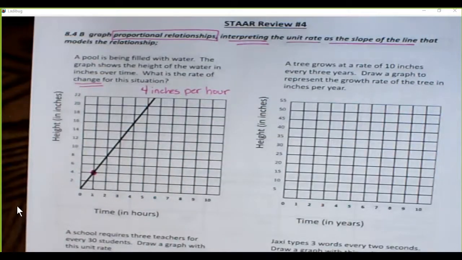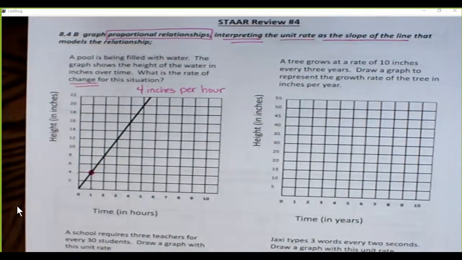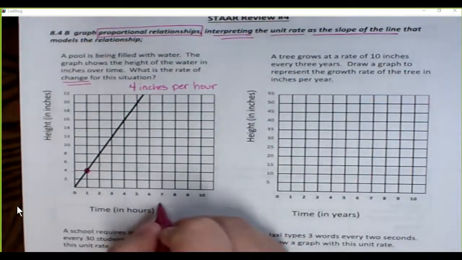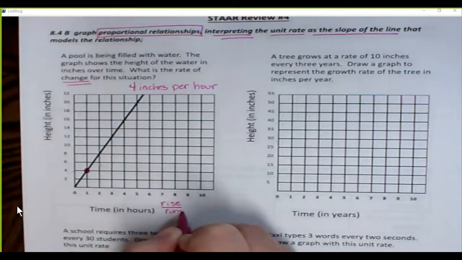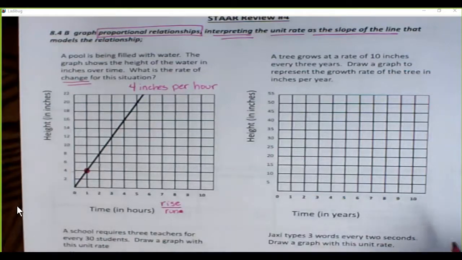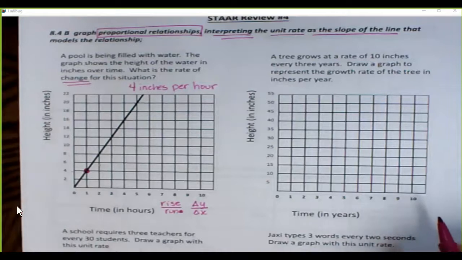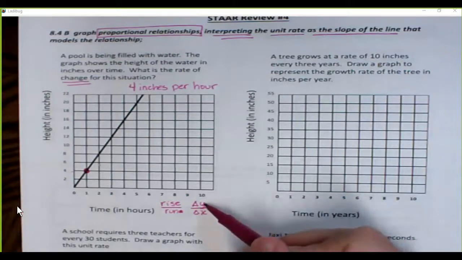Well, let's think about what does that do in terms of slope? Well, I'm going to come down here and write. I know slope is rise over run, right? Rise over run. I also know that it's the change in y over the change in x. Well, my change in y, what are the labels on my y-axis here?